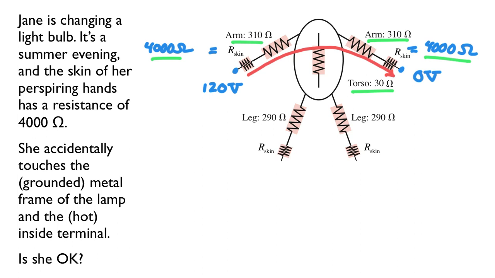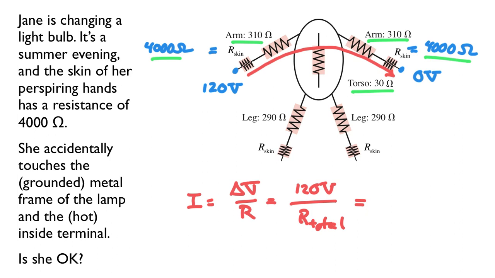I also know the potential difference across the person's body is 120 volts. So the current is just equal to delta V divided by R. Delta V is 120 volts, and R is the total, or effective, resistance. I can calculate a current. That's the kind of problem we're going to take a look at in class.